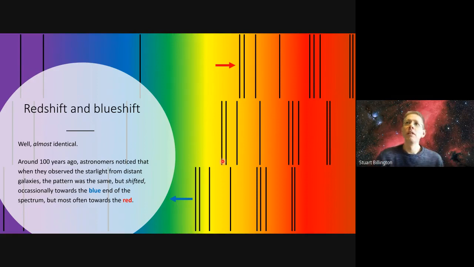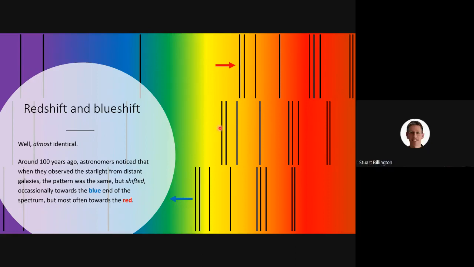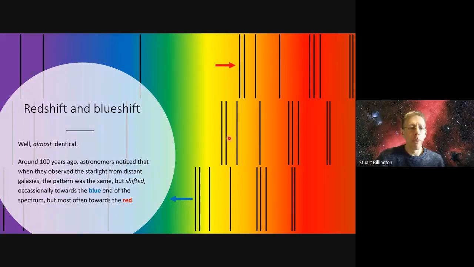So you can see that these lines here, they're in the yellow, but when we point our telescopes and our spectroscopes at some galaxies, we find that the same two lines are actually shifted into the green. Or over here, we might find that the same ones have shifted towards the orange.